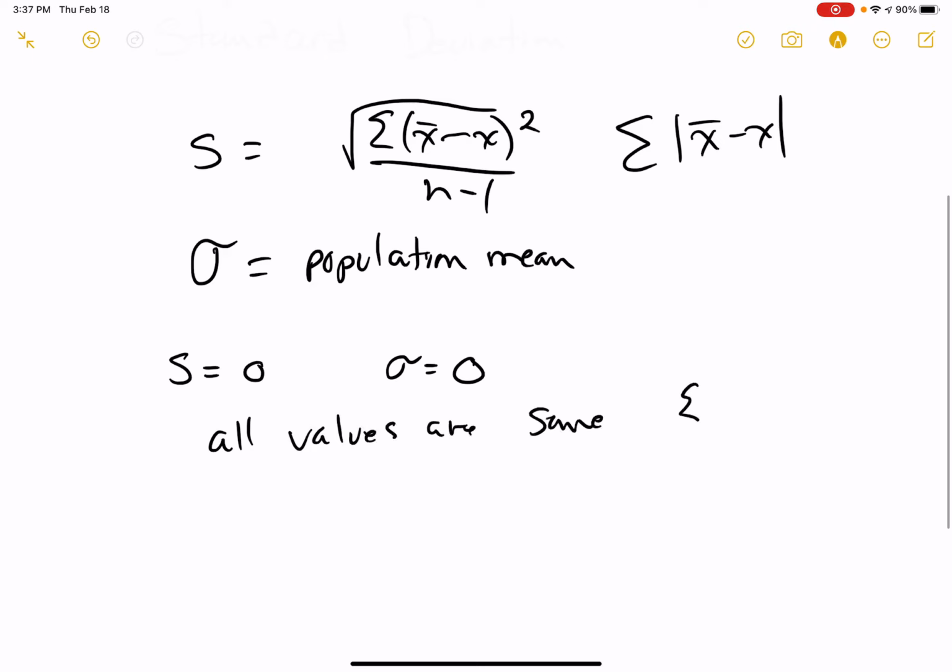They might be just all ones. There's no variability at all whatsoever, okay? If, however, you have some sort of value, that means that you have some variability. So the further away from 0 that value is, the more variability you have in your data set. Now I'll show you how to calculate your standard deviation in a second here.